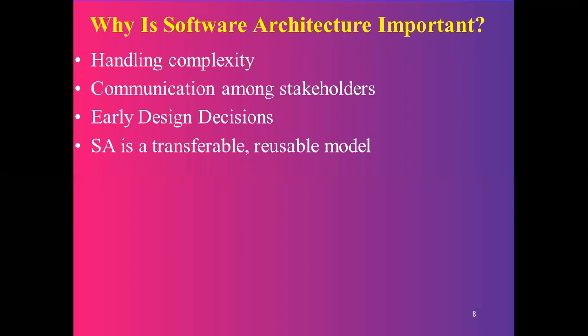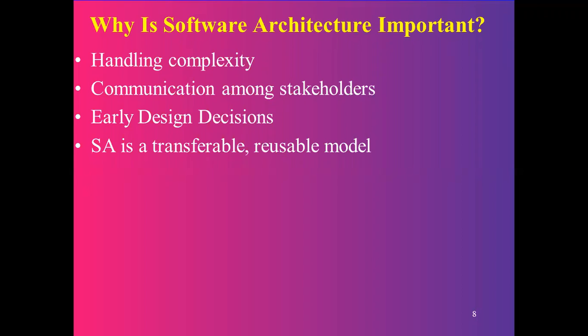Then, why is software architecture important? It is important because it handles the complexity of the system. Whenever we develop any complex software, there are multiple complex tasks. To handle that complexity, we create a model or prototype for that software.